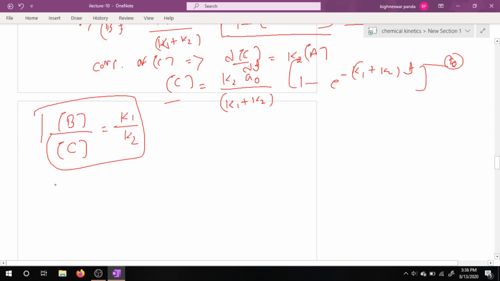But here another question is asked, the percentage of B. Simply write percentage of B is equal to B divided by B plus C into 100, that is, the concentration of B divided by total concentration into 100.